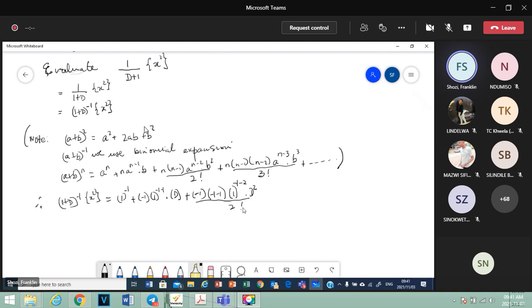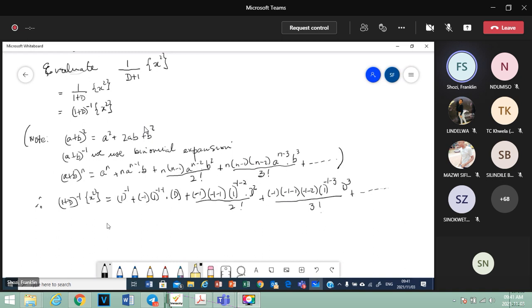2 factorial, plus, let's carry on there, even though there's no need now. It's n, which is minus 1, n minus 1, n minus 2, which is minus 1, minus 2, a is 1, to the power minus 1 minus 3, d cubed, all over 3 factorial, plus dot dot dot. We can carry on like that.